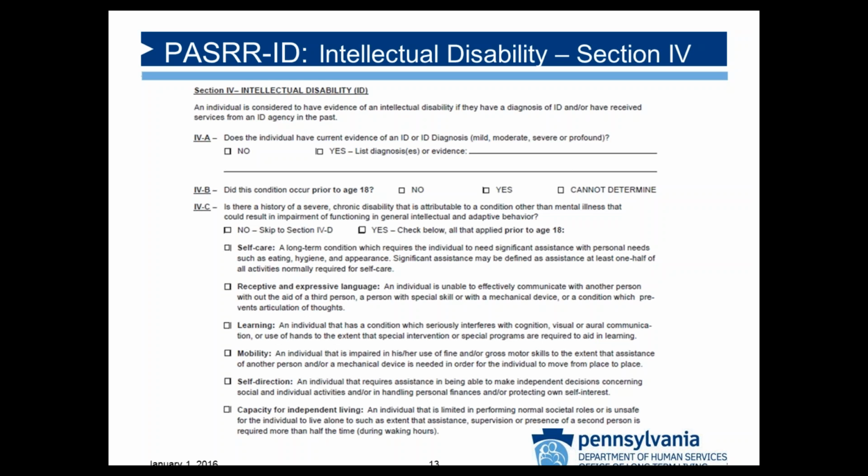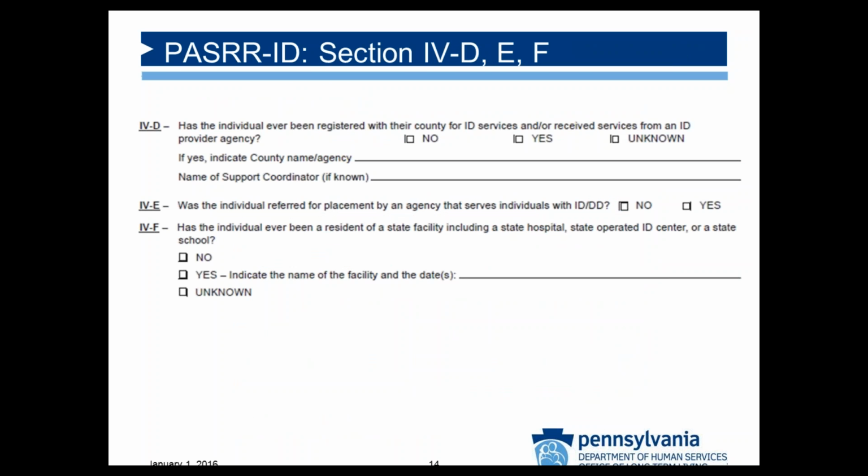Now, supporting information for ID: we ask if they've been registered with their county for any kind of ID services. If you know that, we ask that you mark it down: what county, what agency, name of supports coordinator, if they had one, and was the individual referred for placement by an agency that serves ID individuals.